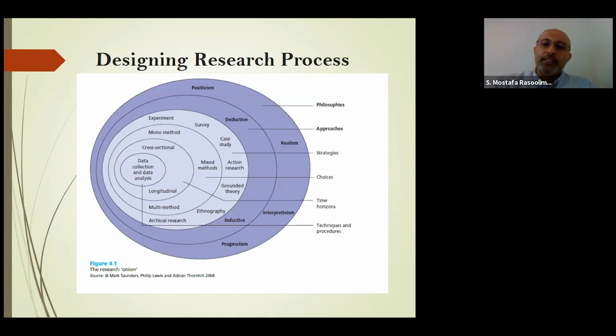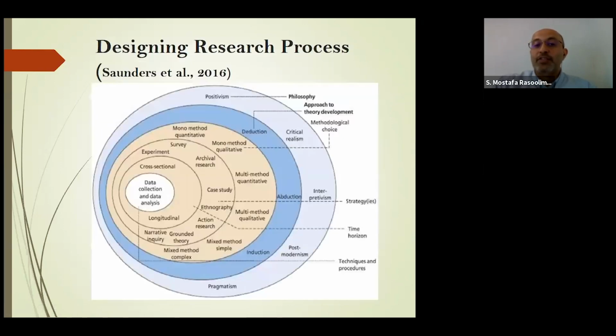This onion is developed by Sanders and his colleague. First version in 2003, but the version that you have here is the 2009 version. And this version changed a bit in 2016.